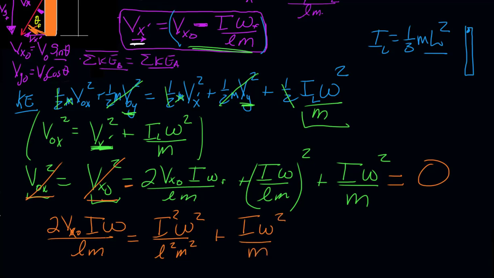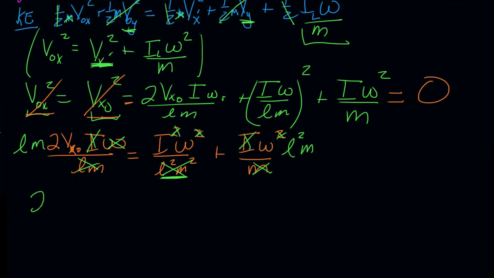Now to clean this up a bit, we can divide through by an I. That'll get rid of that and that. We can divide through by one of the omegas. We can multiply through by L squared m squared, and that'll leave an L m up here. That'll get rid of that one entirely, and that'll leave an L squared m over here, and this one will cancel out.